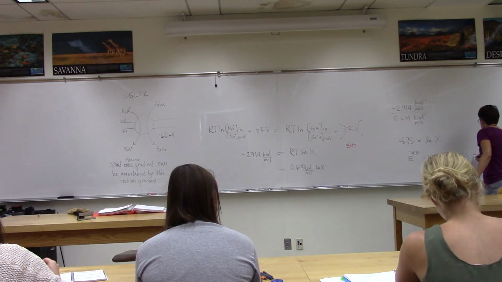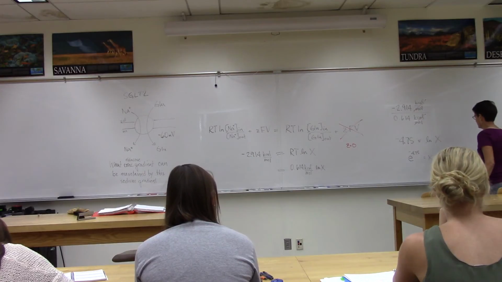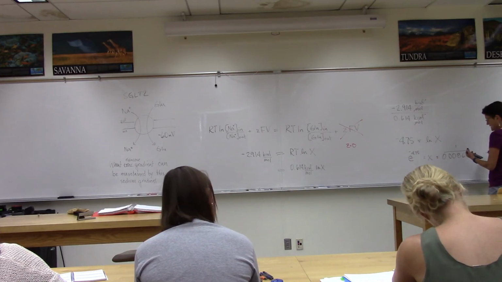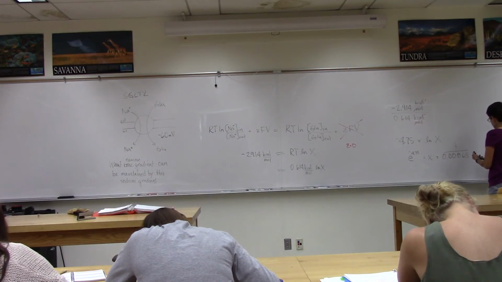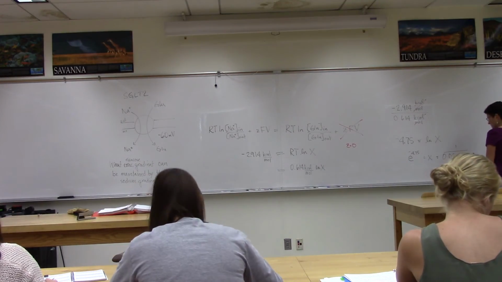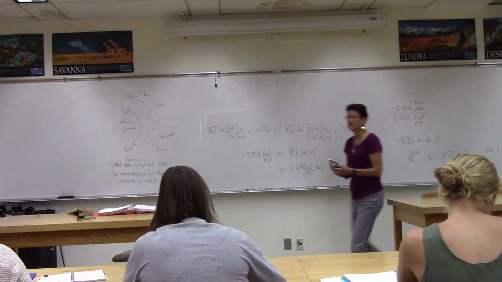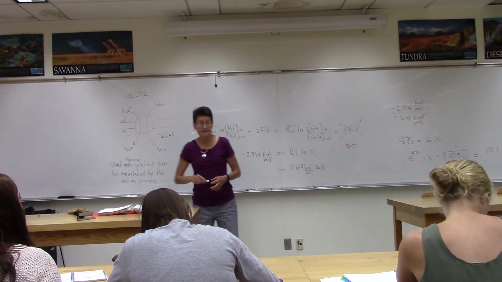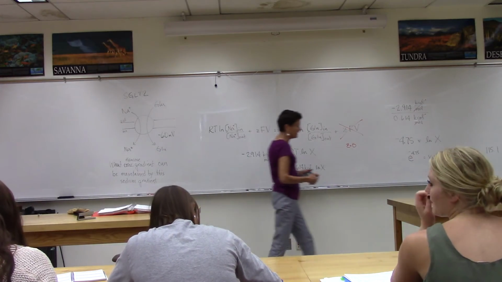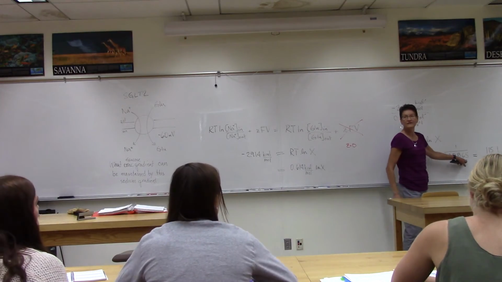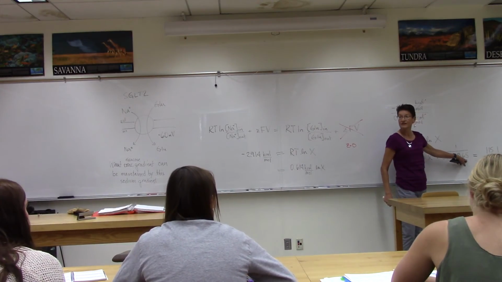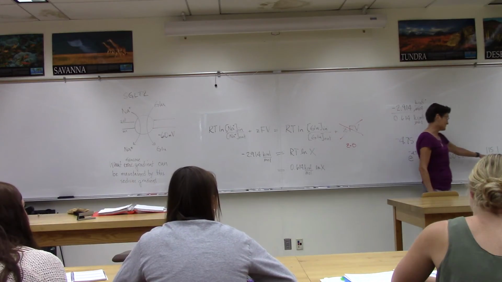So if we take the inverse of this, I got 115. Did you guys get that? Did you do the inverse of that? Why are you inversing? Because I could say there could be a 0.00865 difference in concentration gradient, but this number makes more sense to me.